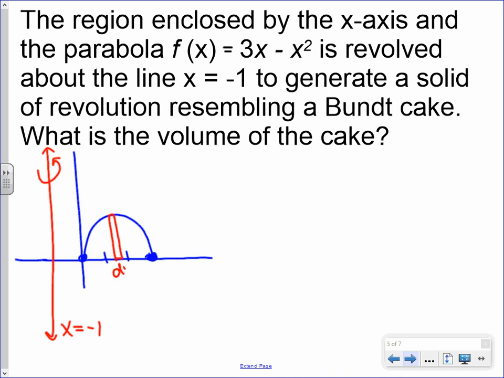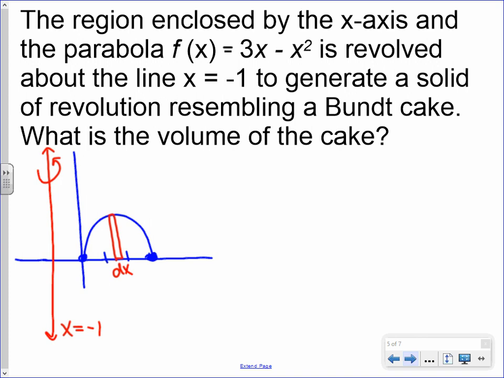For sure, the only way we can do this is in terms of x, because we're not going to go through the work of solving this for x to write it in terms of y. It's not going to be pretty. So going and finding the volume in terms of x is going to be our best option.